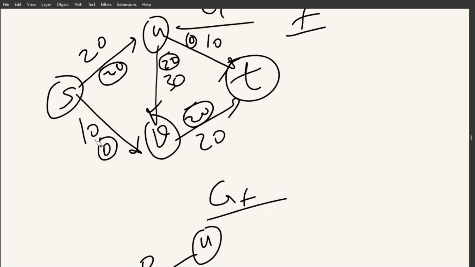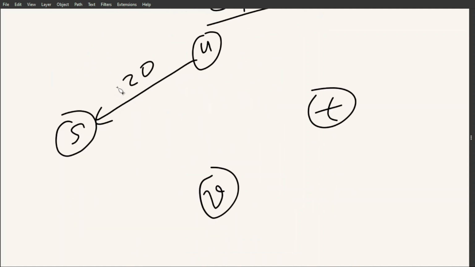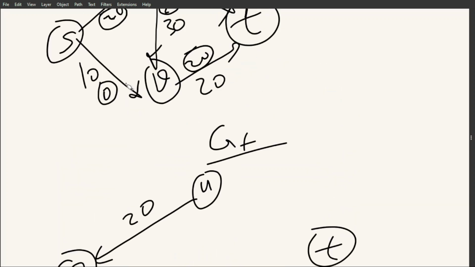Next we consider the S to V edge. Capacity is 10, flow is 0, it is less than the capacity CE. So we make a forward edge with residual CE minus FE, weight 10. Now there is no backward edge because flow is 0. For 0 flow there is no backward edge.